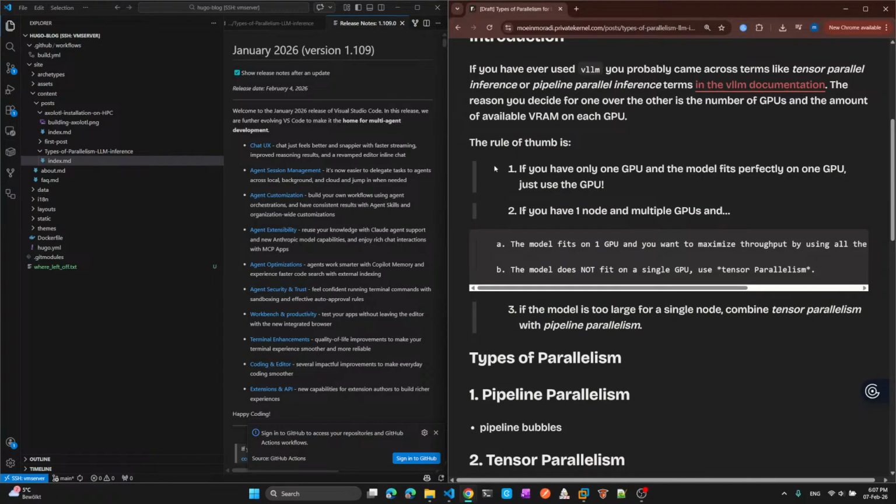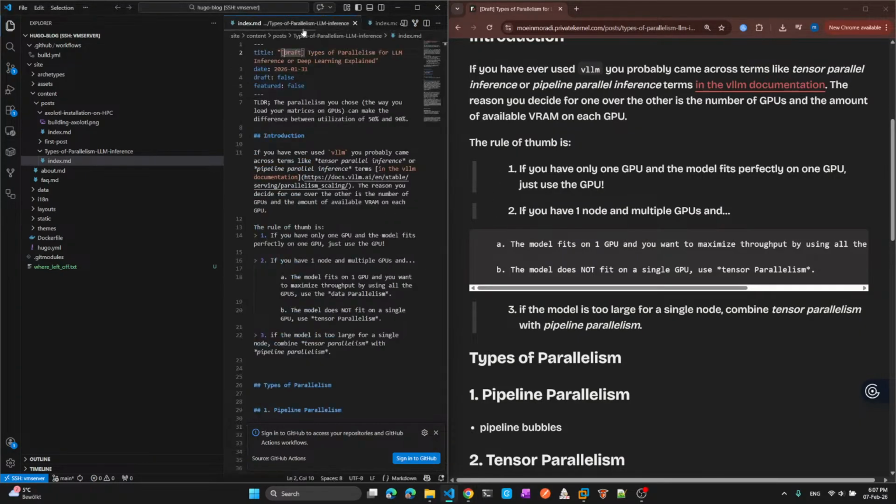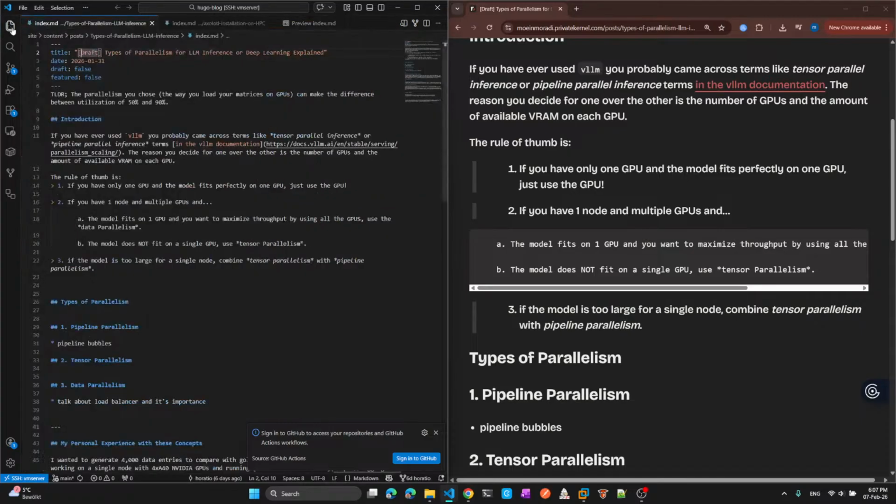We also talked about three rules of thumb that we have to have in mind when we want to use each of these methods.